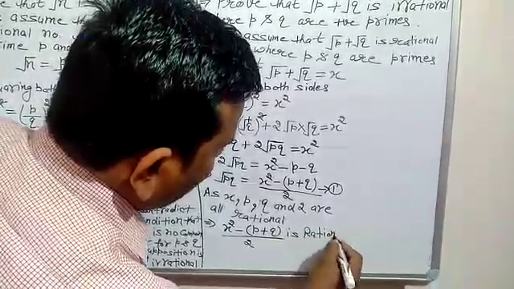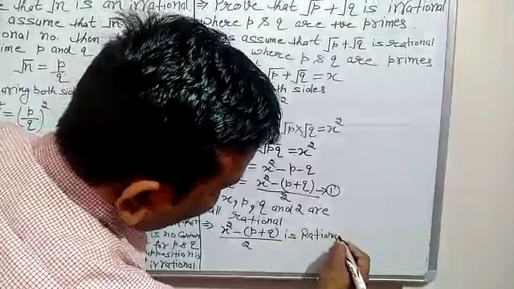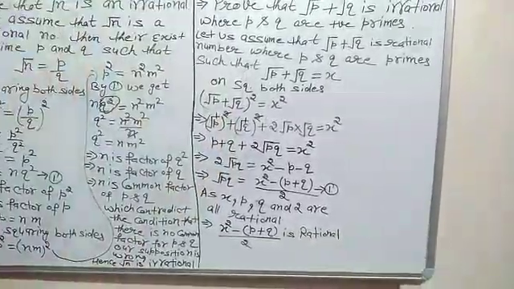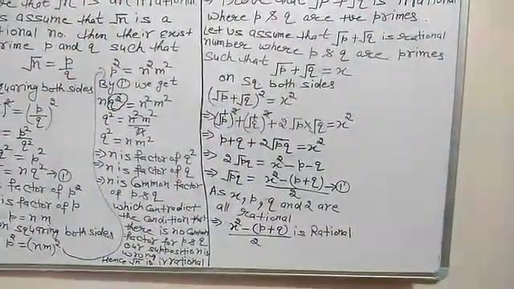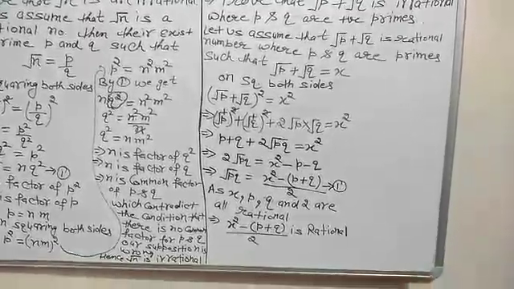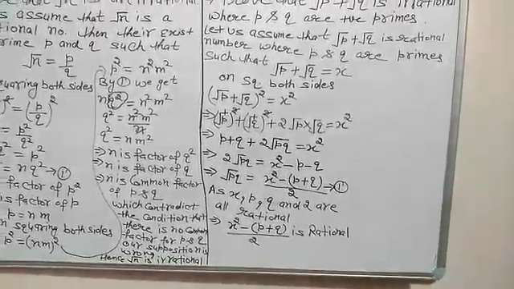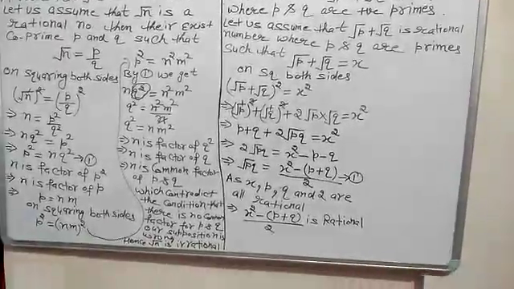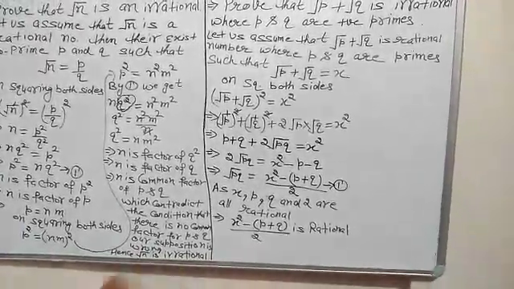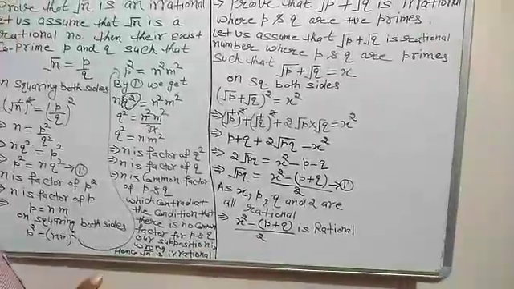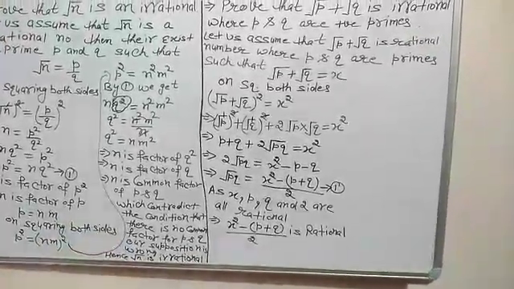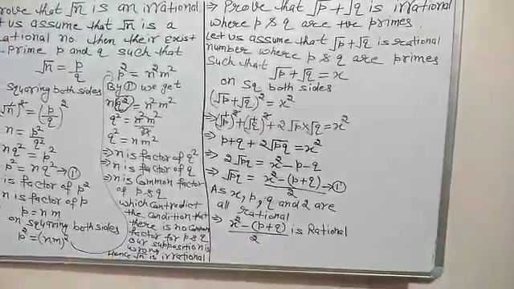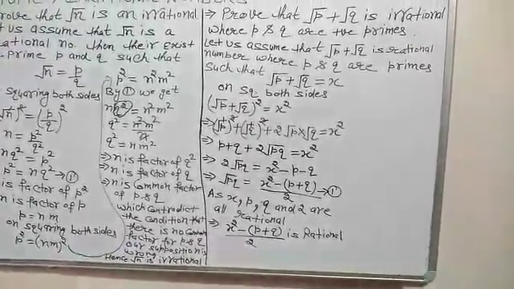Because we also read in the previous class that subtraction, addition and division are closed. It means if we add rationals, we get rational; subtract rationals, we get rational; and divide rationals, we get rational.